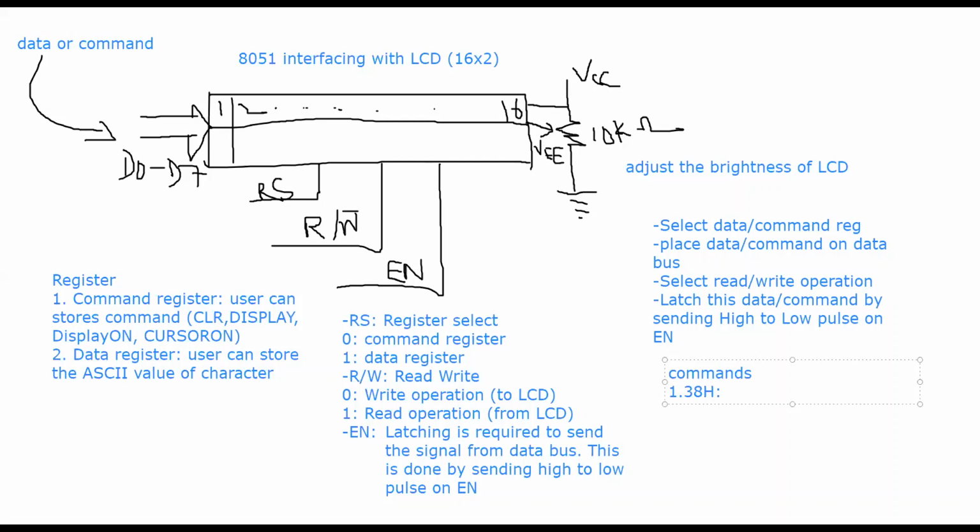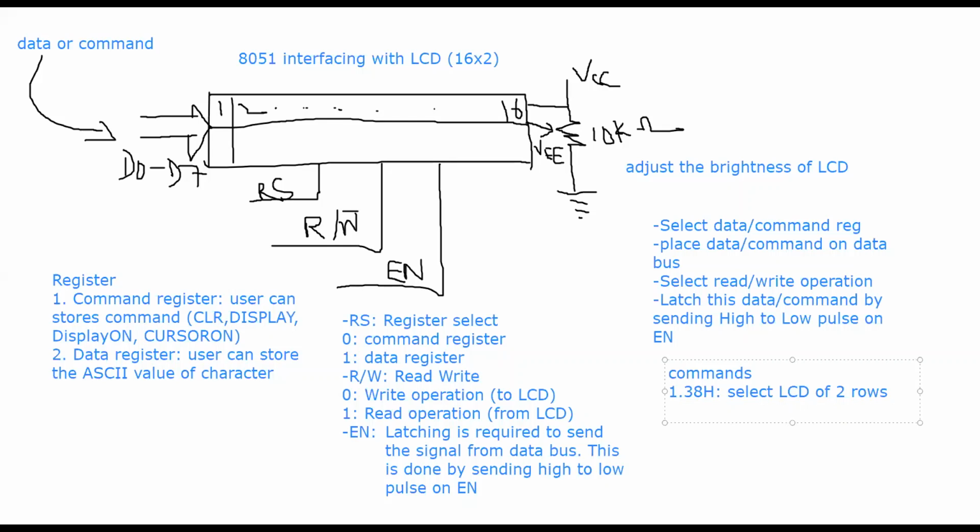Check the accumulator when you write 38H. That means we are selecting 2 rows of the LCD.